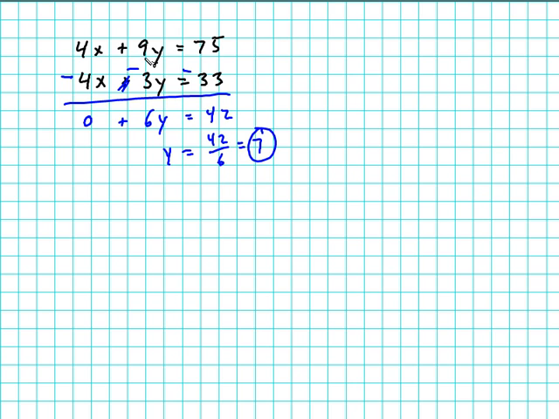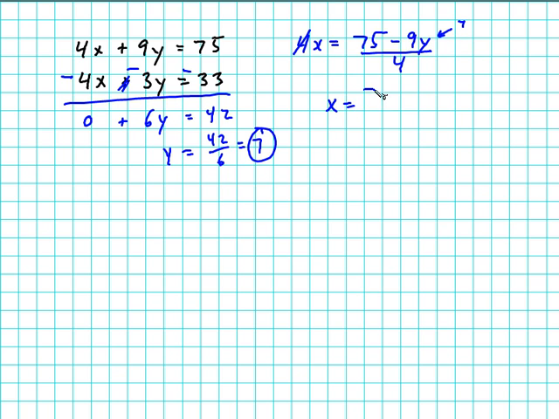So if I want to solve now for x, we would have 4x is equal to 75 minus 9y. And then if I divide by 4, I would have this. So let's plug in our 7 here. Okay, so 75 minus 9 times 7. 9 times 7 is 63.